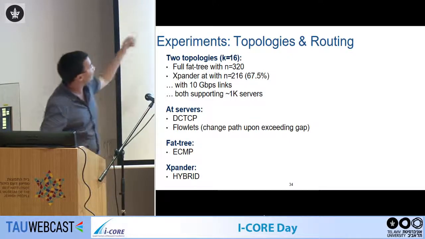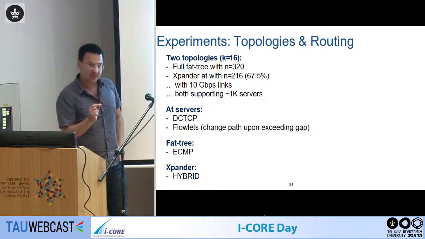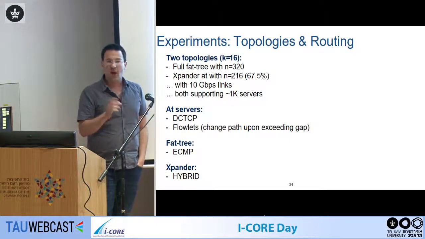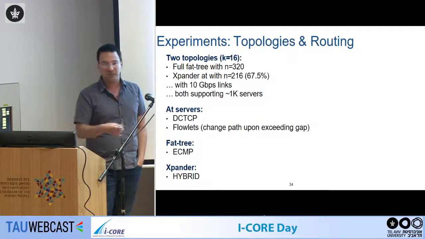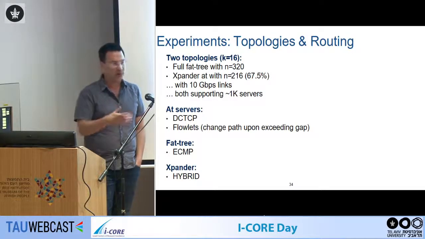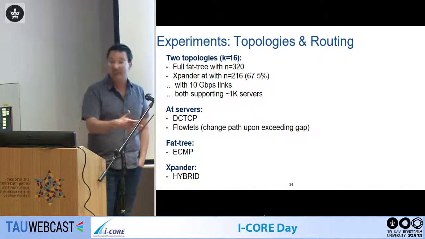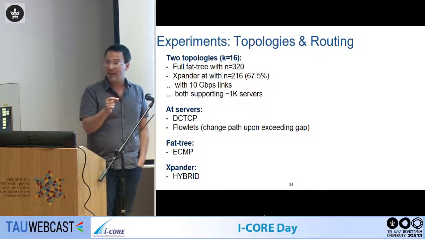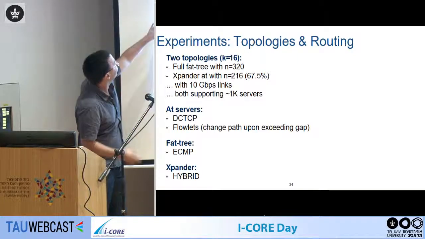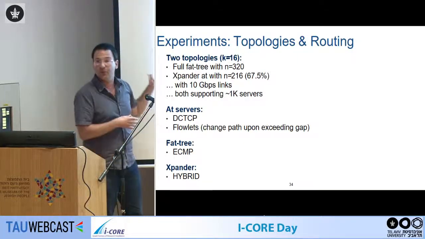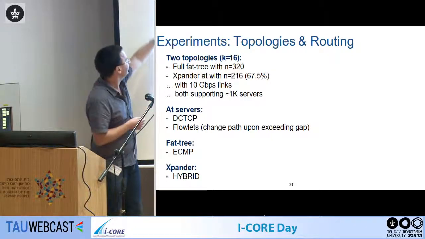One of the things we were aiming for is not comparing dragons with unicorns, that is, not saying there are dynamic topologies that might not be feasible in practice, so we compare them to another network that might not be feasible in practice. So we aimed to utilize tools that people know and understand. This is why at the servers, what you see here are two things that are actually used in practice, DC-TCP and flowlet routing.